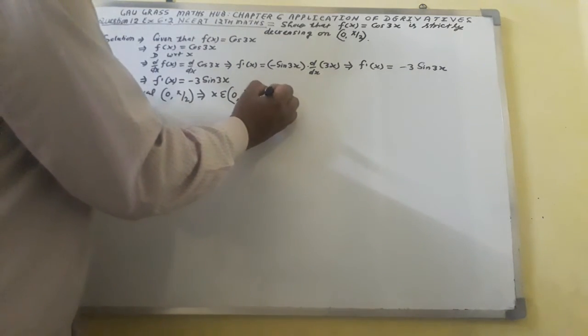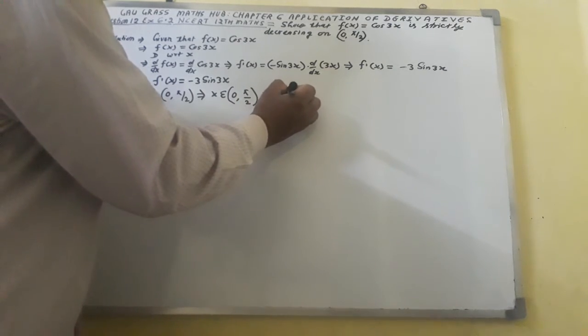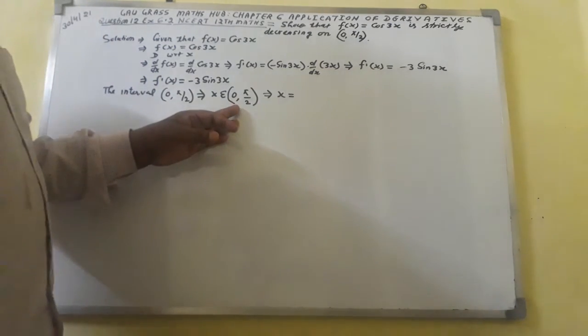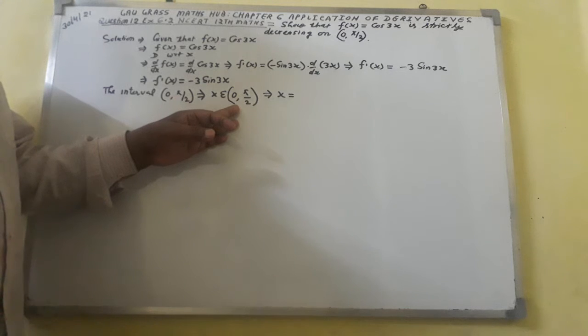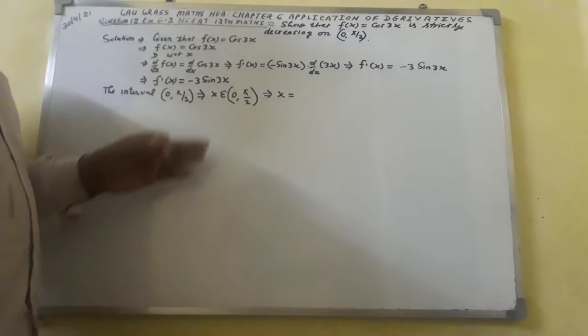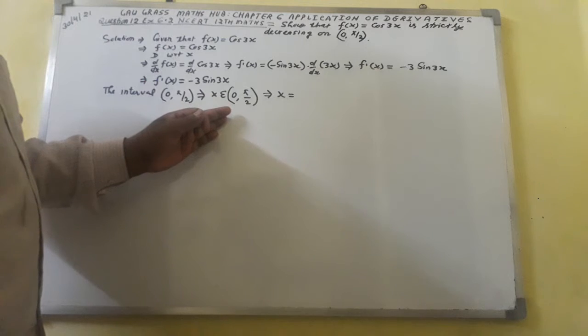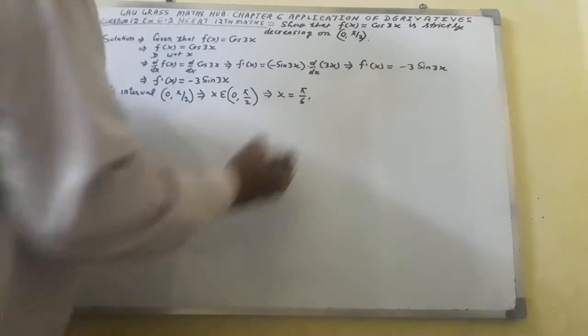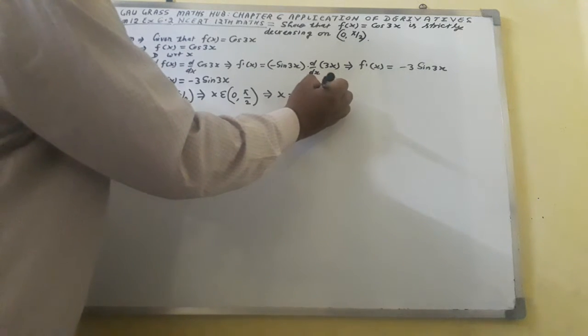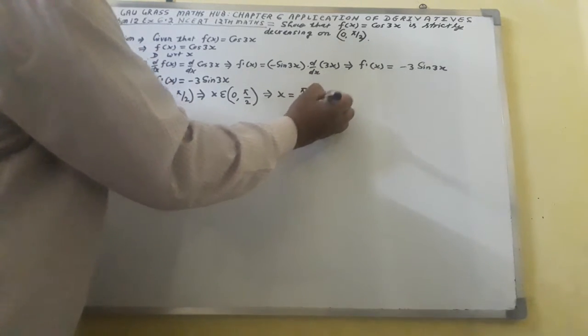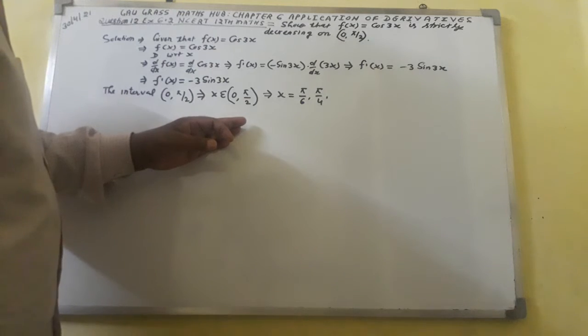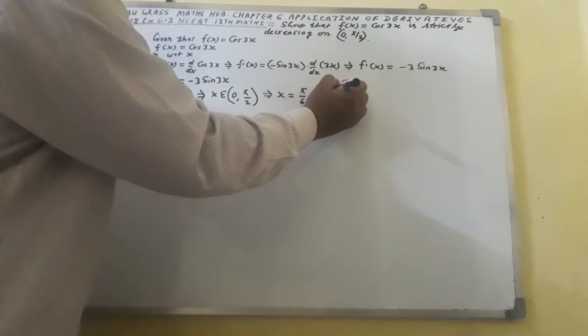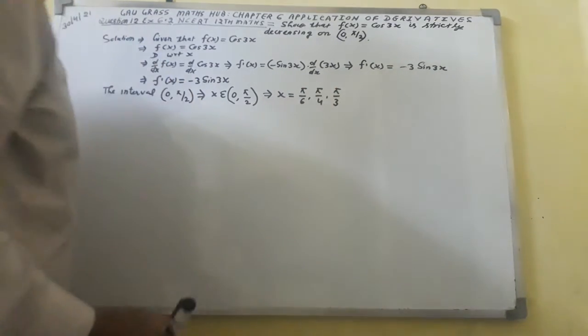The value of x will be greater than 0, 0 will not be included. So greater than 0 comes out to be 30 degree, which means pi by 6, 45 degree pi by 4, and 60 degree pi by 3.